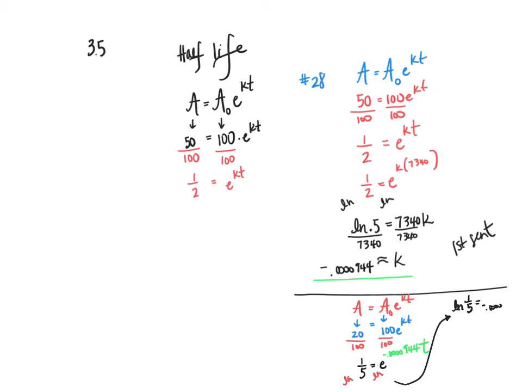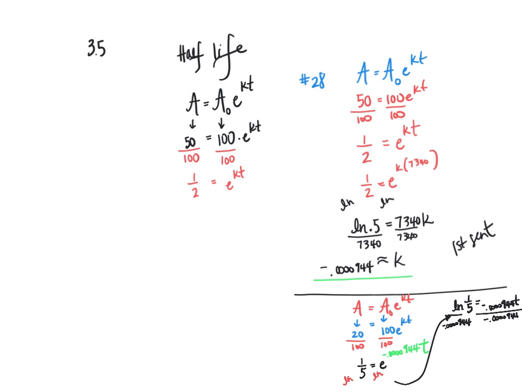I have a whole bunch of zeros. I think I have 4. And then I would need to divide by that value on both sides, of course. Now, this is where in your calculator, you should still have your k from when you did the natural log of 1/2 divided by 7,340.